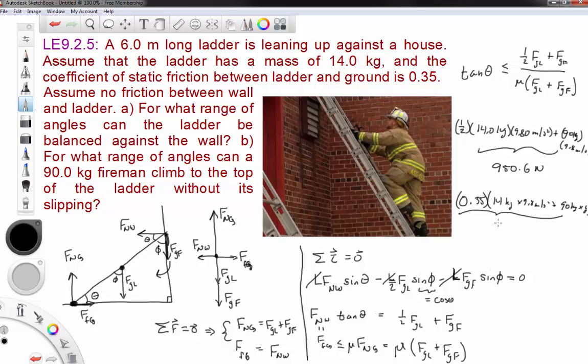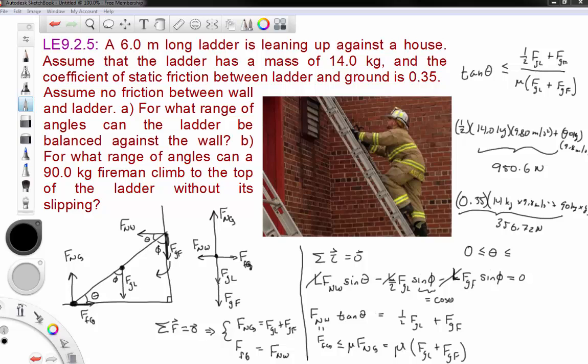And so all of this right here is going to give us 356.72 newtons. So basically, we're going to end up with 0 is less than or equal to theta, which is less than or equal to the inverse tangent of this divided by this. So basically, that is going to be the inverse tangent of 2.66.